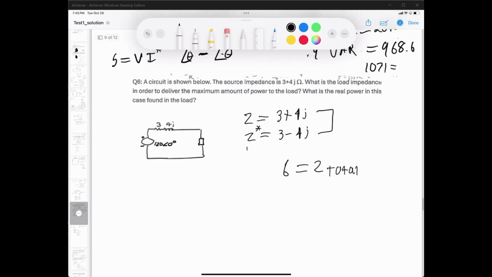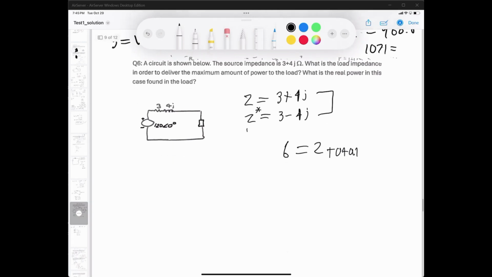And to find power, we do voltage squared divided by 6. Since it's real, we don't have to convert to root mean square even if we wanted to. Is that root mean square? Let me think.